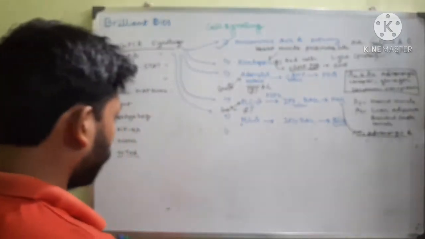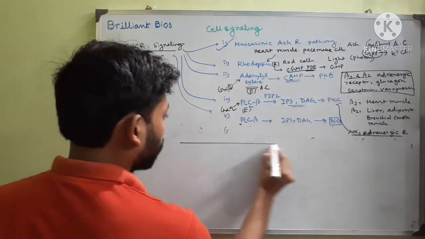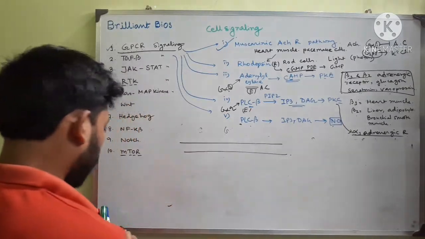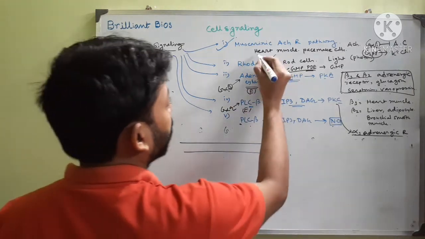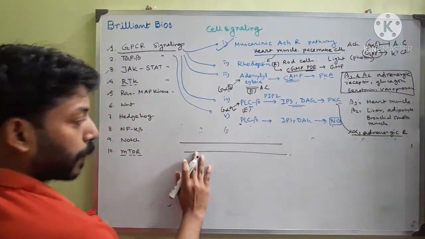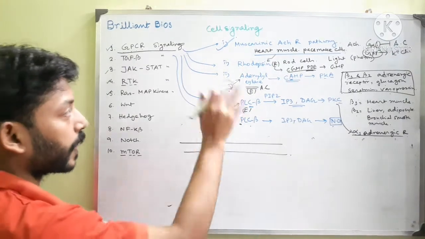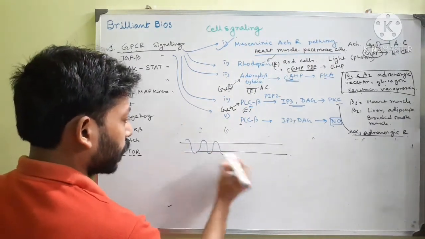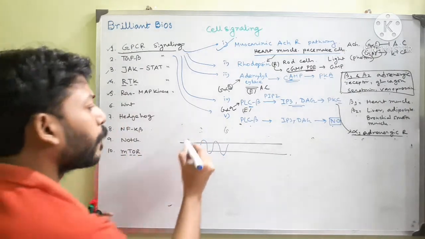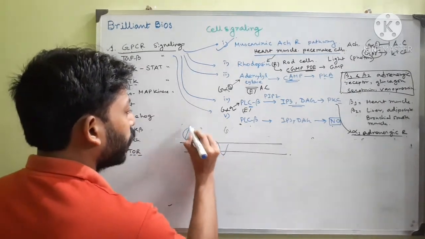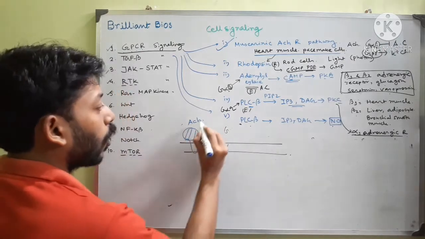So let's suppose this is the plasma membrane and this is the heart muscle. At first you have to understand that this is the example of heart muscle pacemaker cells, the plasma membrane of heart muscle pacemaker cells, and this is the G protein coupled receptor. Okay, let's suppose. So when acetylcholine or muscarine binds, this could be acetylcholine or muscarine.